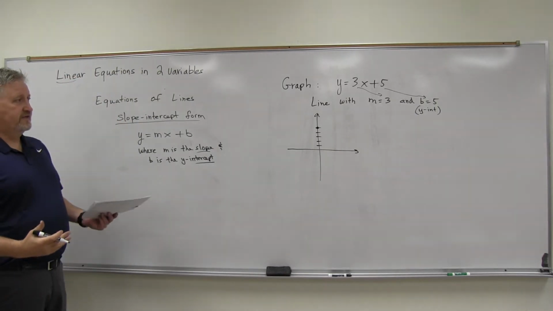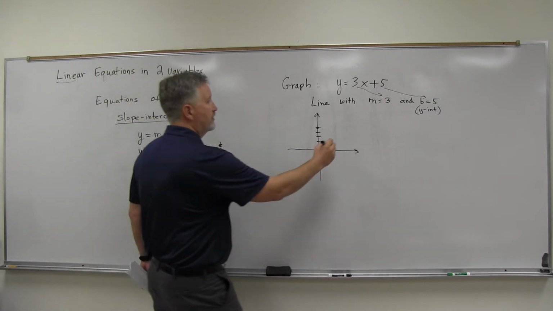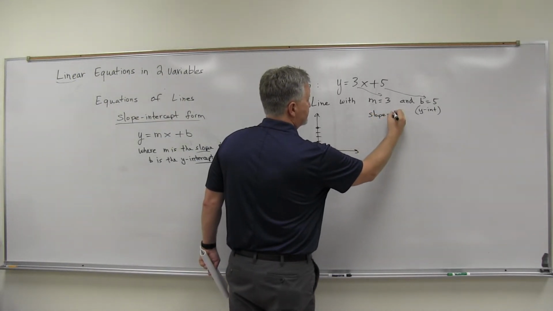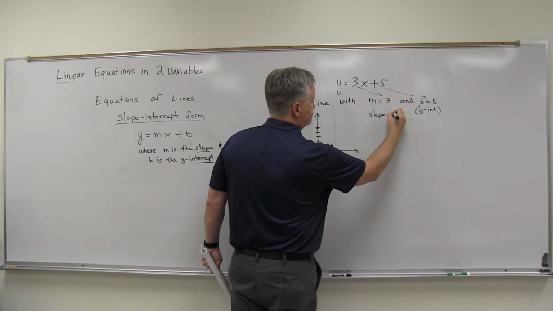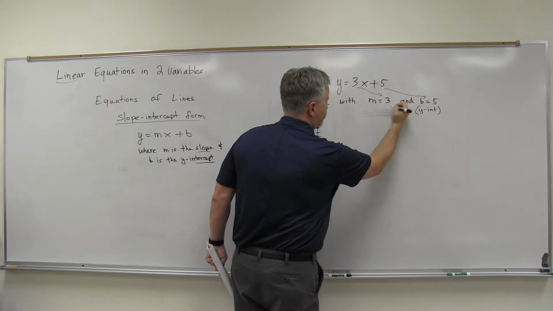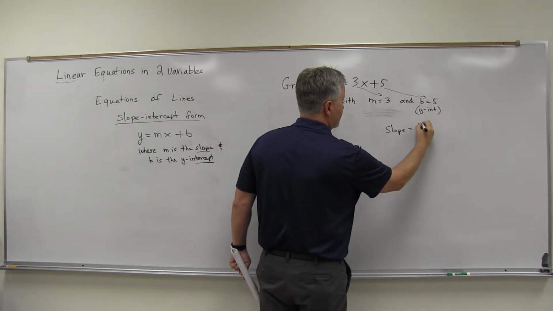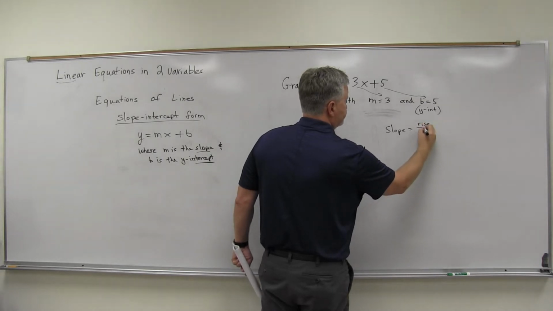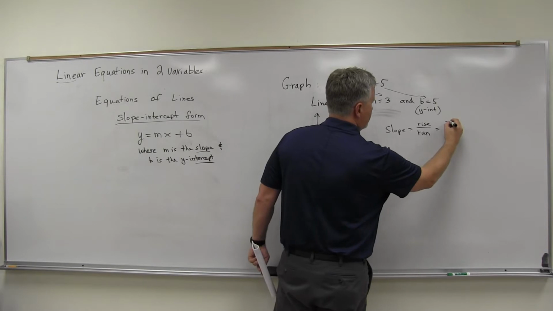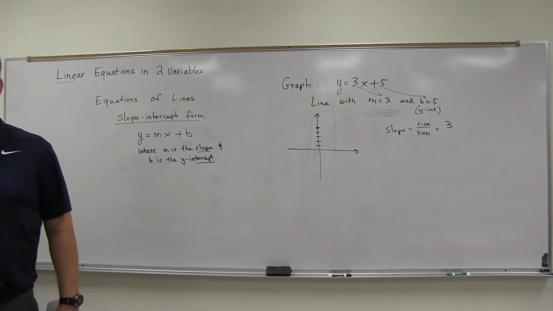Now the other point is not 3, but we know that the slope is 3, and slope is rise over run, isn't it? So I know slope is rise over run, and I know the slope is 3.